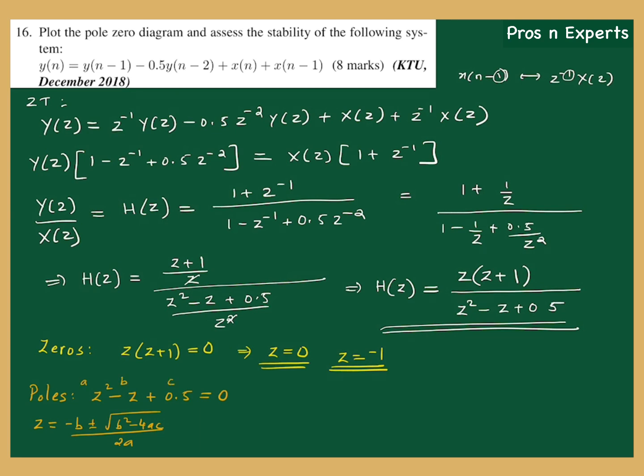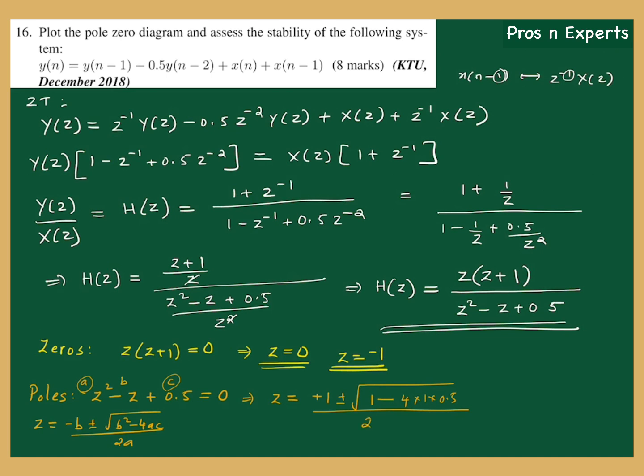So that implies z is equal to minus b, which is minus of minus 1, that is plus 1, plus or minus root of b squared, which is minus 1 squared, so 1, minus 4 into a, which is 1, and c, which is 0.5, so 4 into 1 into 0.5, whole divided by 2a, 2 into 1.